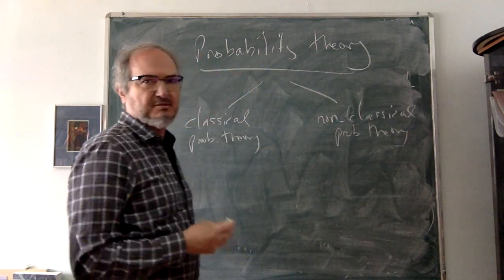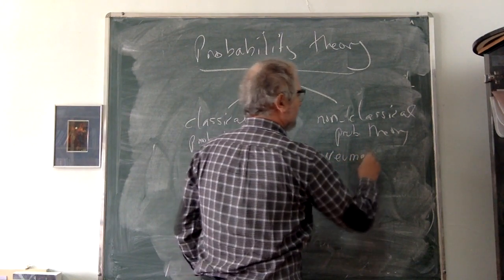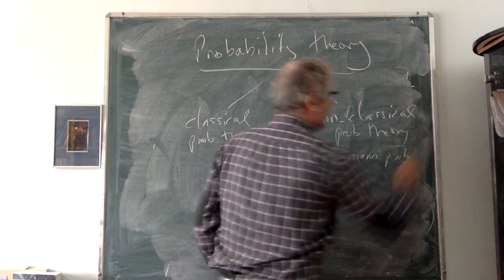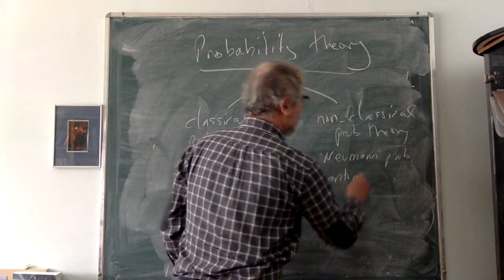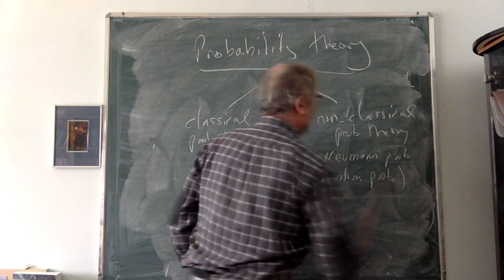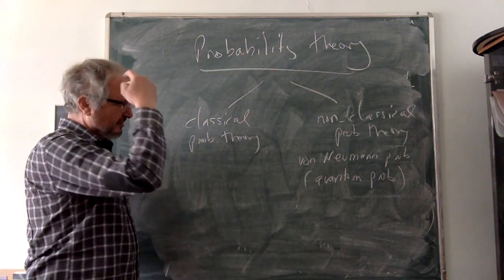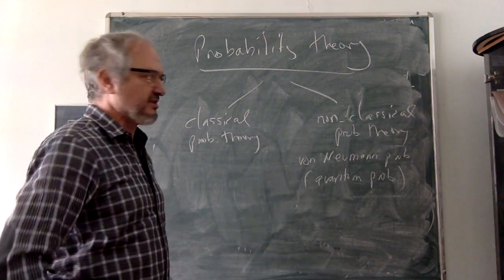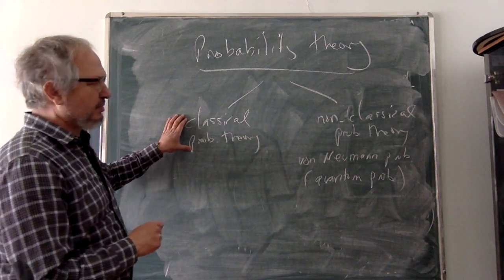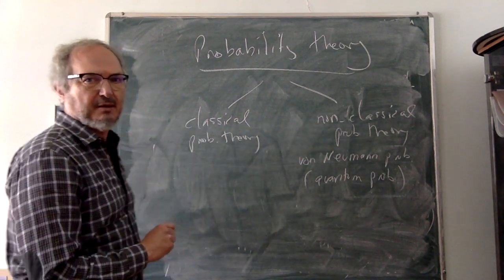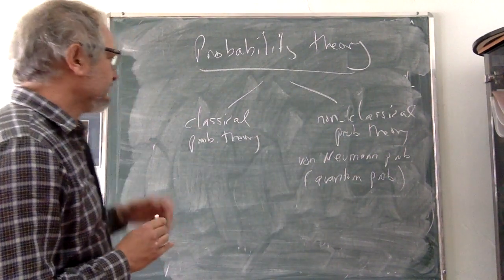This usually means something like von Neumann probabilities, sometimes also known as quantum probabilities. I'll show you the difference between classical probability and non-classical probability as we proceed, but both are relevant to cognitive science. It's just that we know how to deal with this more than that one, although this is catching on, especially in decision theory.